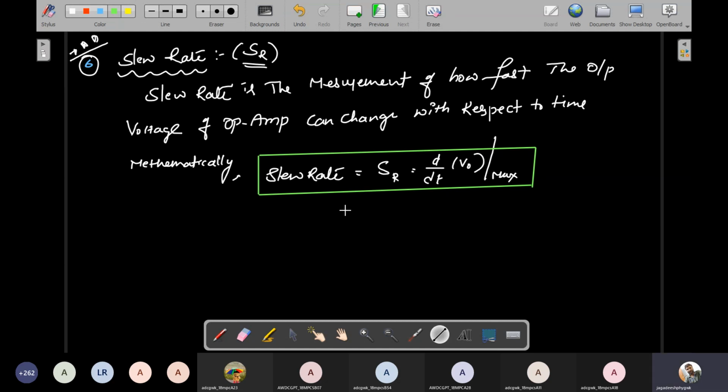See, this is the slew rate formula. It is specified in volts per microsecond.